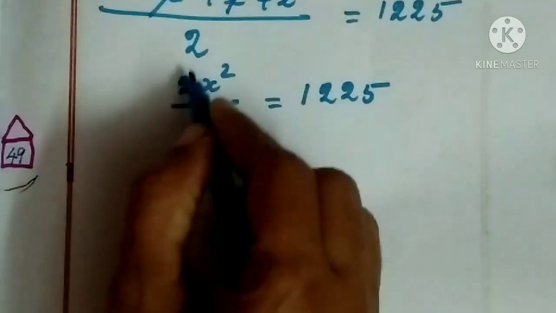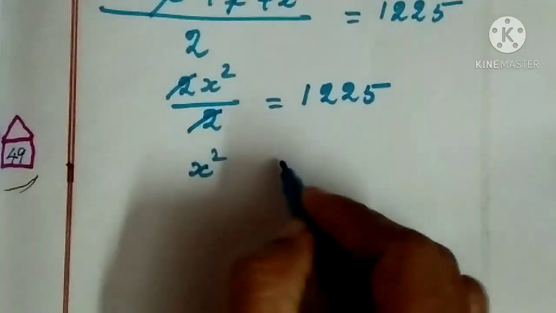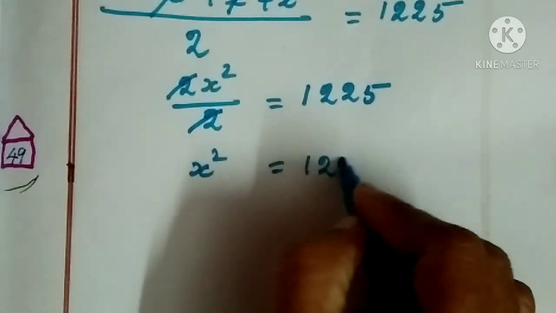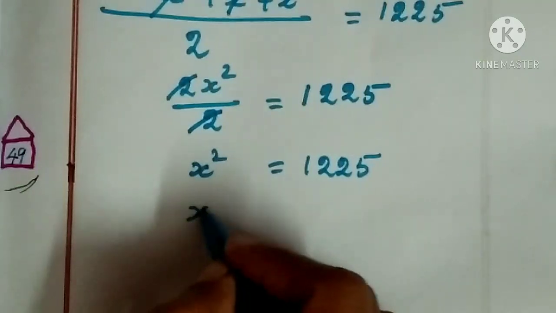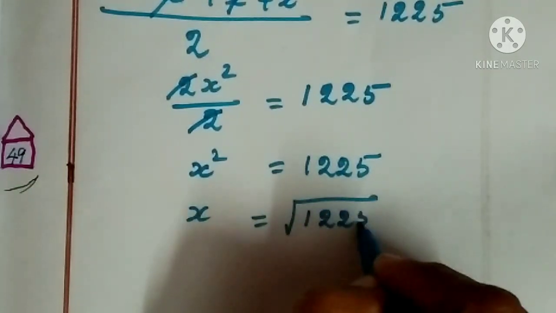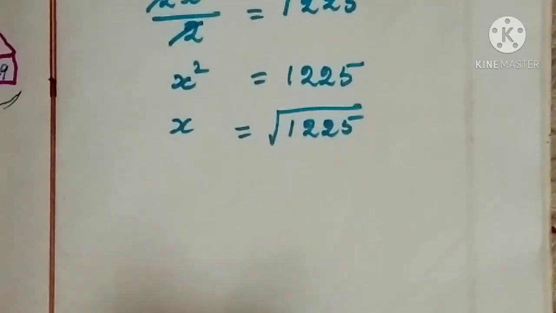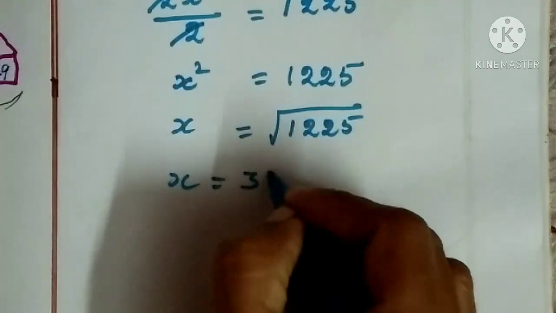Cancelling this 2, then we get x squared is equal to 1225. Therefore, x is equal to square root of 1225. That is, x is equal to plus or minus 35.